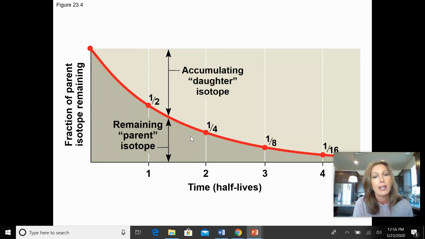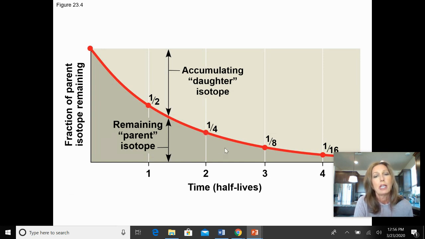After another half-life, I have a fourth of that material left after two half-lives. What's half of half? Half of half is 1/4. So 1/4 tells me that I've gone through two half-lives.